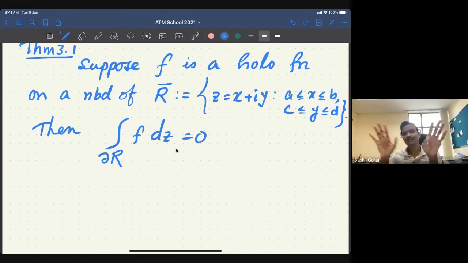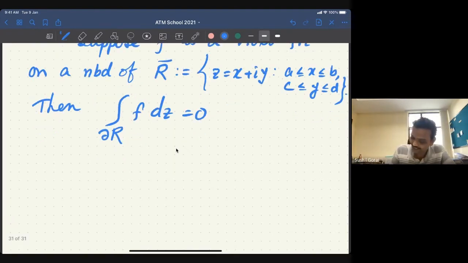So that's the idea, even in R2, even in Rn. So even in R2, what will you do? We look at a rectangle, and you divide it into 4 parts, and you keep on doing that. We just use this only, nothing else.